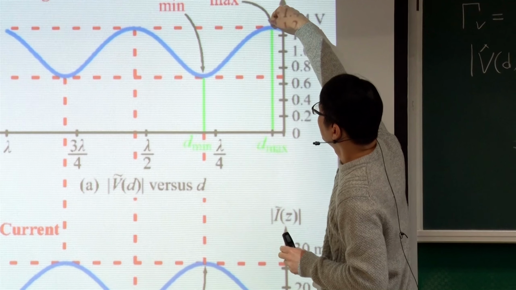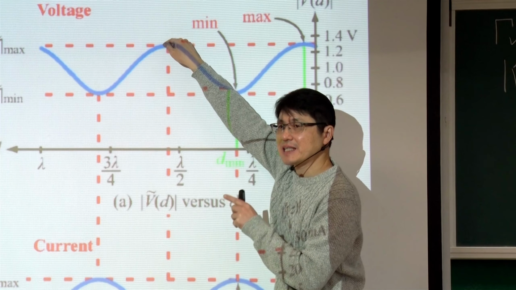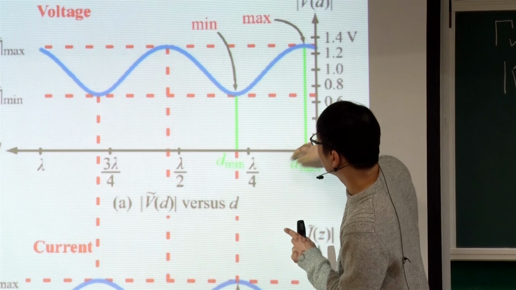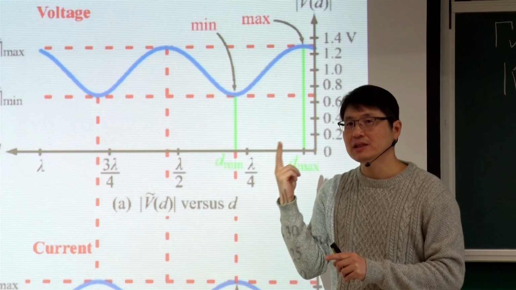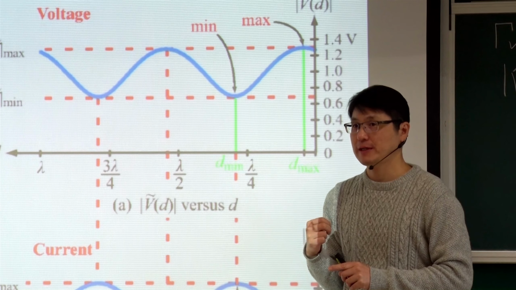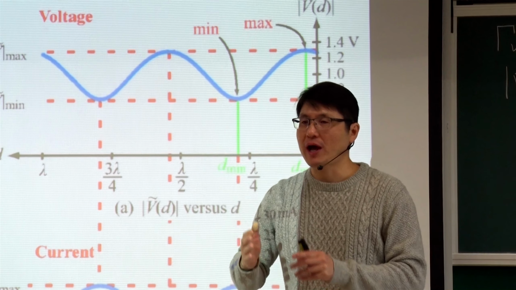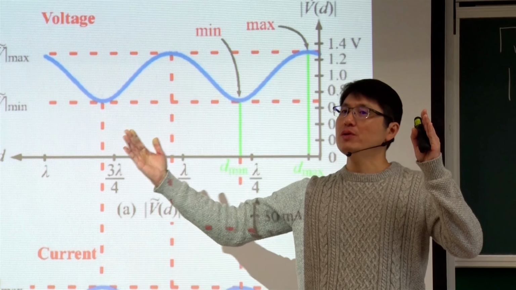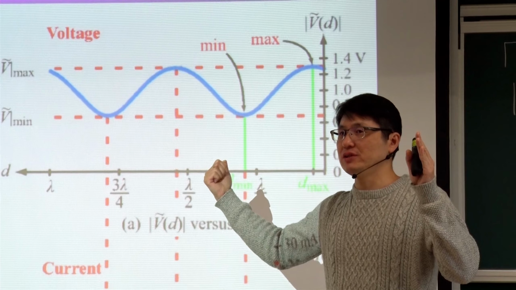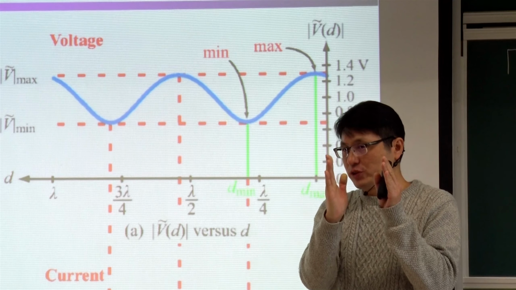Which means maximum to maximum in the standing wave voltage amplitude is only a length of lambda divided by 2. For your original wave, you have lambda. But now you have a counter-propagating wave, so the standing wave pattern is shortened by a factor of 2.